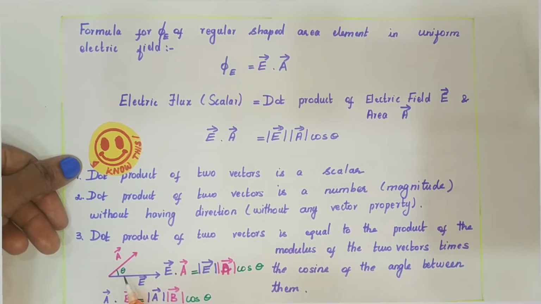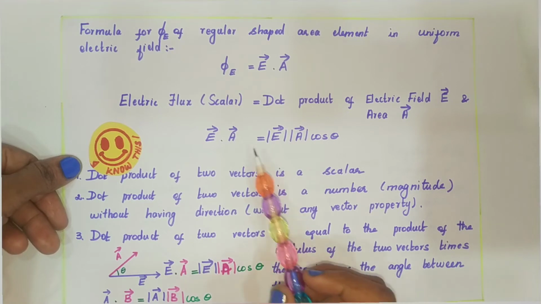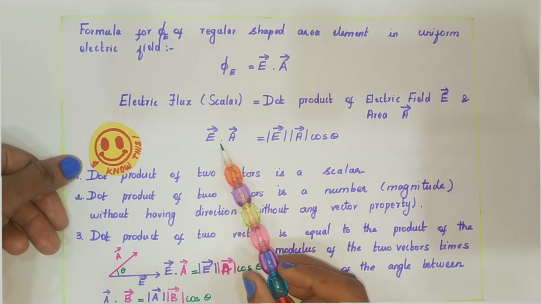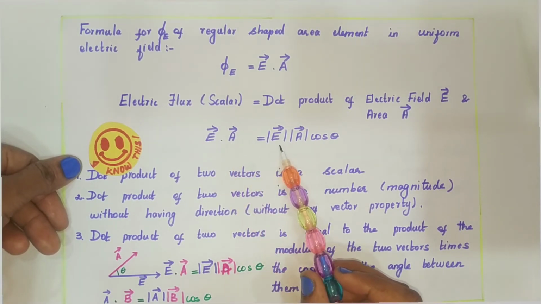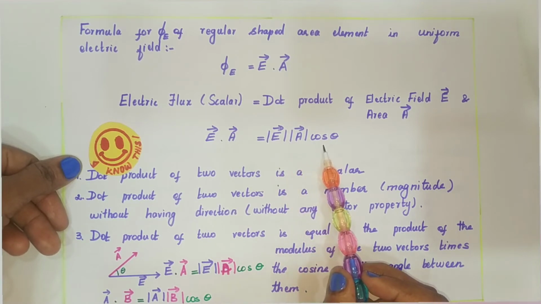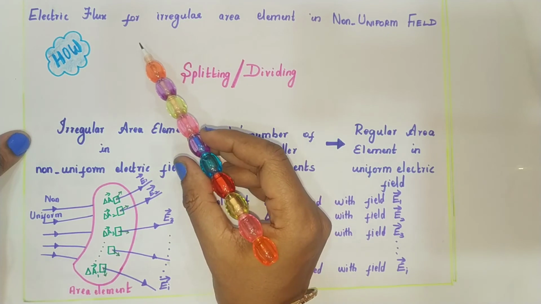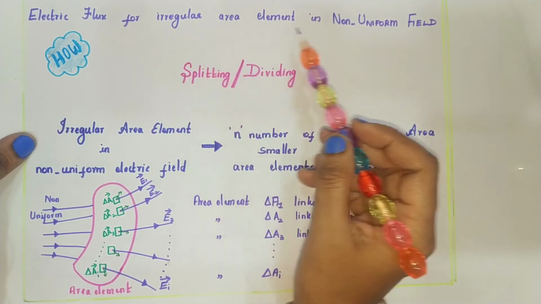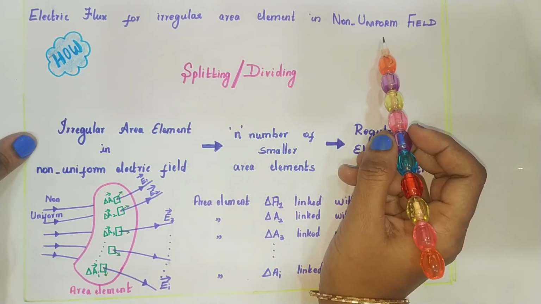Here in our topic we take the angle between the electric field E vector and normal area vector, and so the result will be mod E vector mod A vector cos theta. That is, dot product of E vector and A vector is equal to mod E vector mod A vector cos theta. Now we are going to find the electric flux for irregular area element in non-uniform electric field.